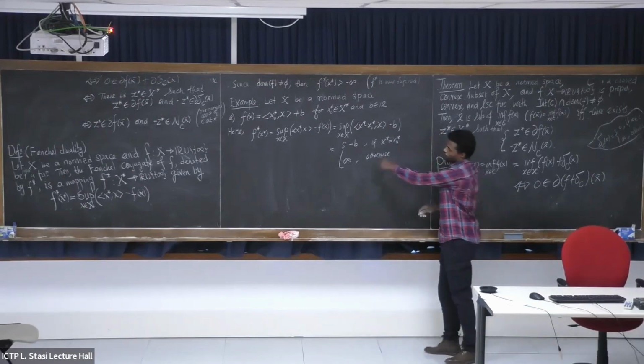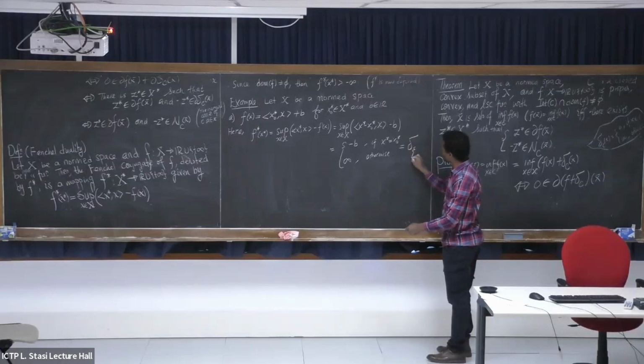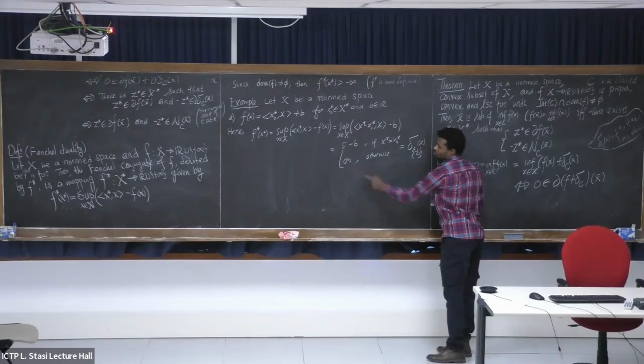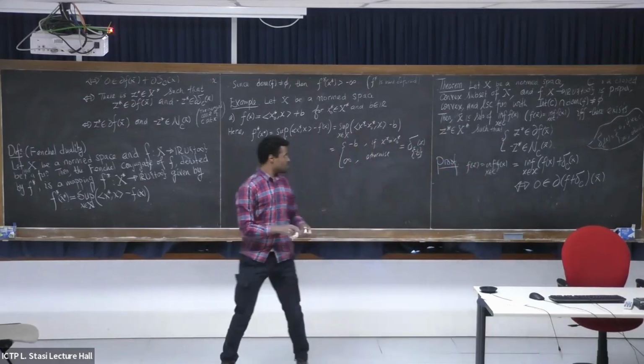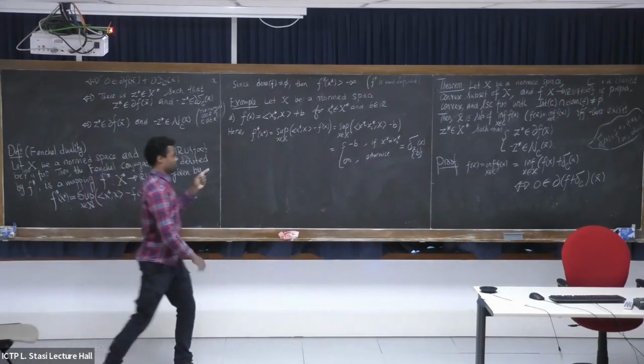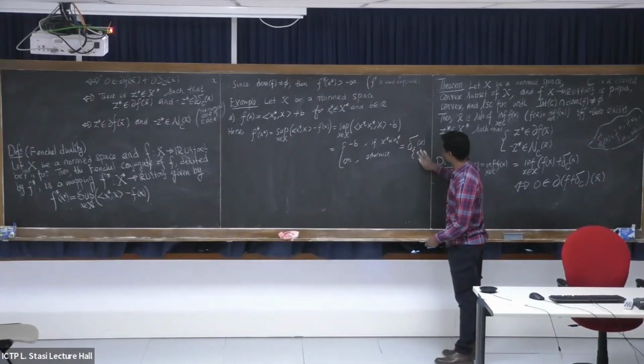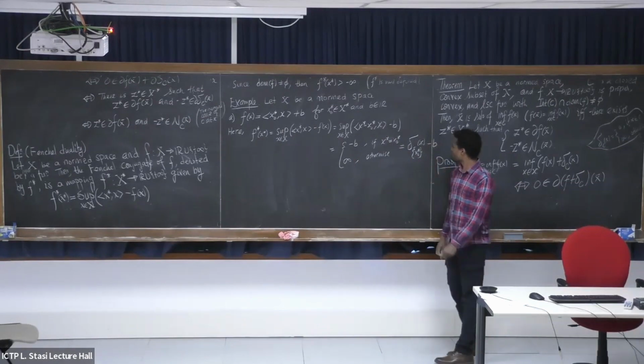So meaning that this dual is the indicator function on x naught star, minus b.